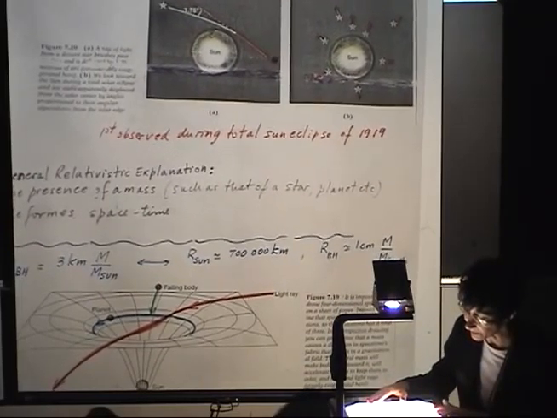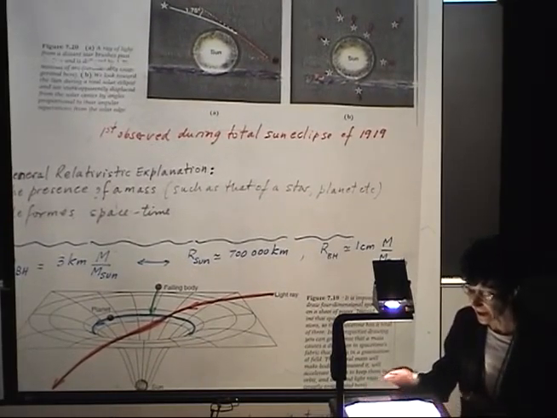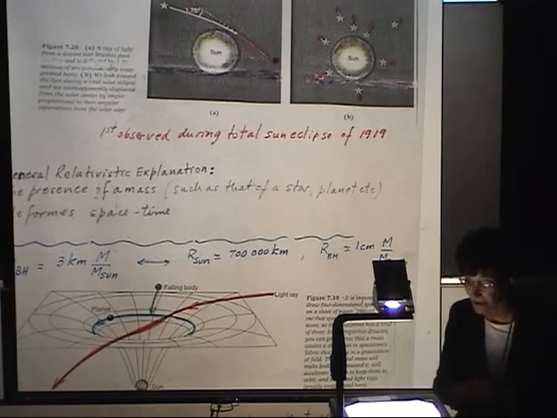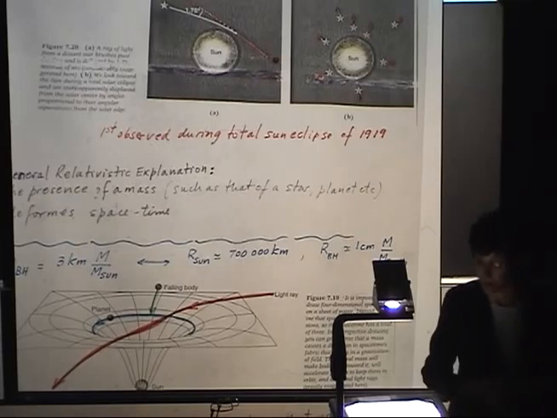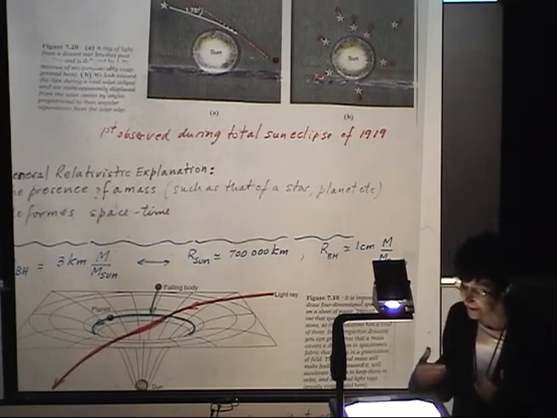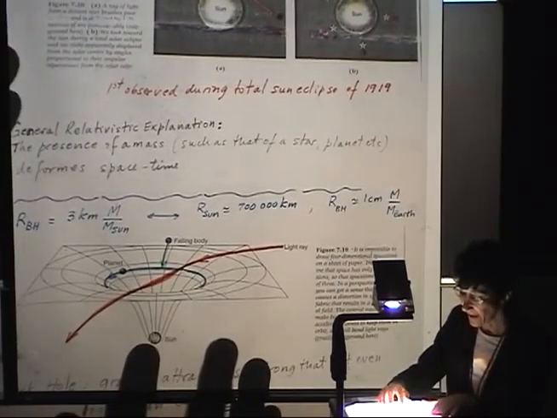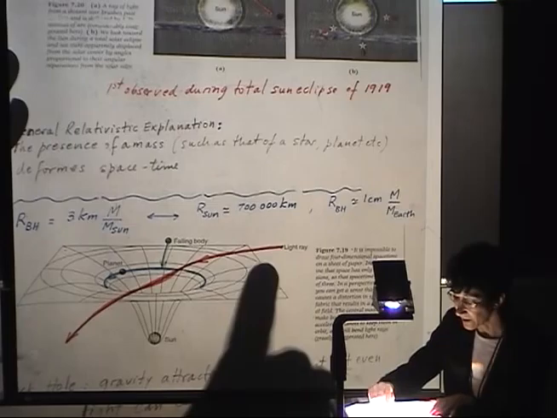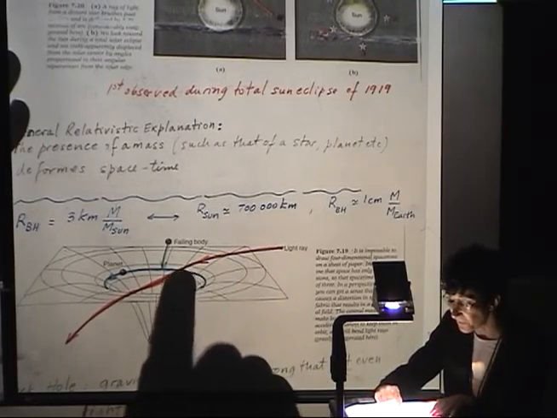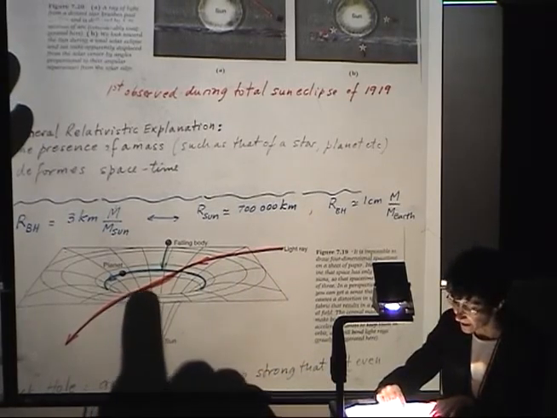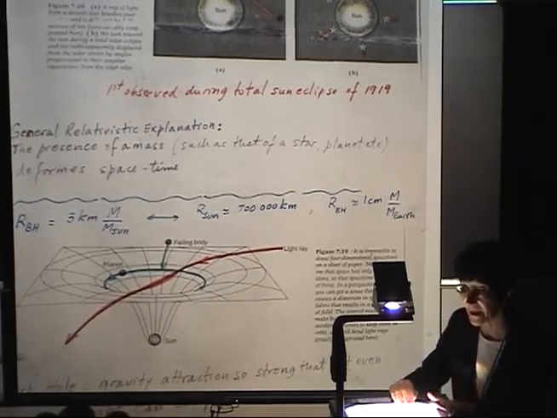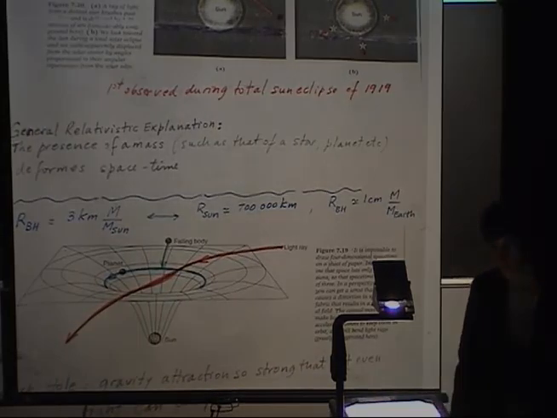The general relativistic explanation is that the presence of a mass, such as that of a star or a planet, deforms space-time. And so it is the deformation of space-time that bends the path of particles which pass nearby.